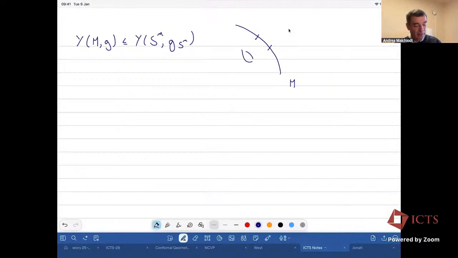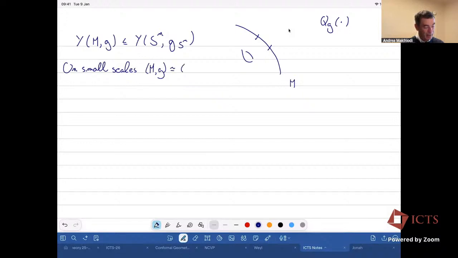When I take the Yamabe quotient on the manifold, locally on a small scale, every manifold looks like R^n, with a Euclidean metric. So you can use the Euclidean Yamabe quotient as a comparison on small scales on M.